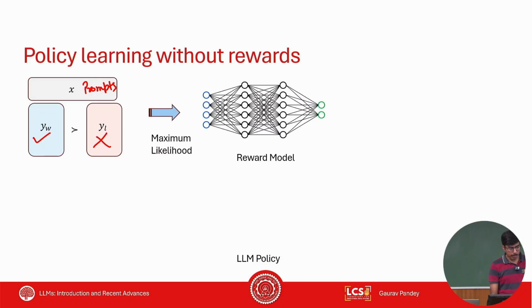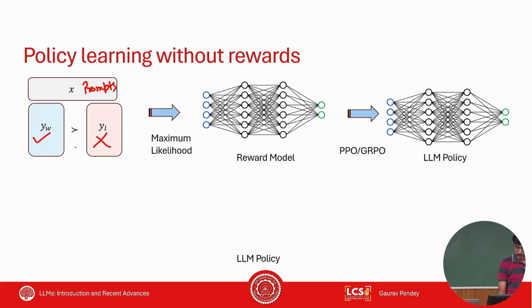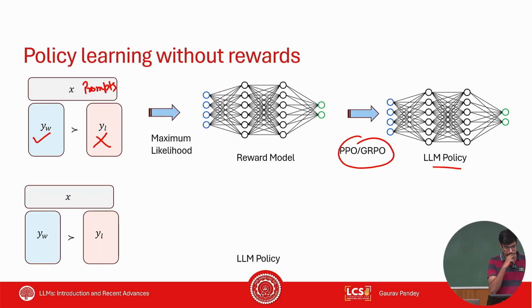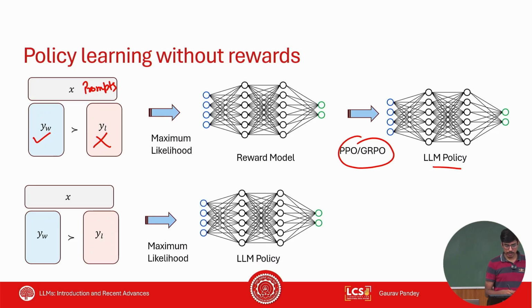If you are doing on-policy learning, you will first train a reward model on top of these preferred-rejected pairs, and then you will use PPO or GRPO to get your final policy. But if you don't want the intermediate reward model, what you want is that, given the preferred and rejected pairs, you directly learn the LLM policy. This is what we want, and this is what is achieved by the DPO framework.